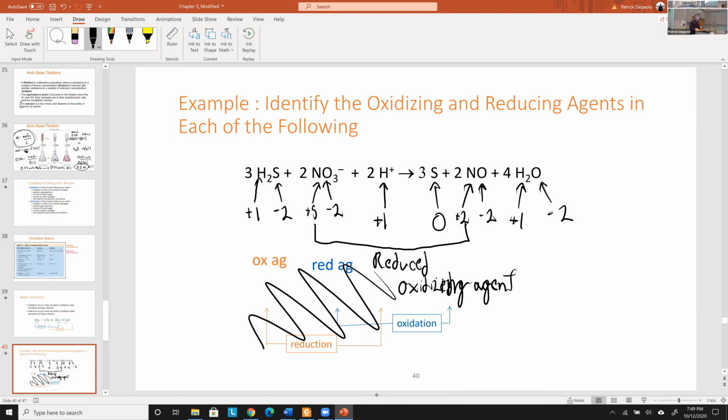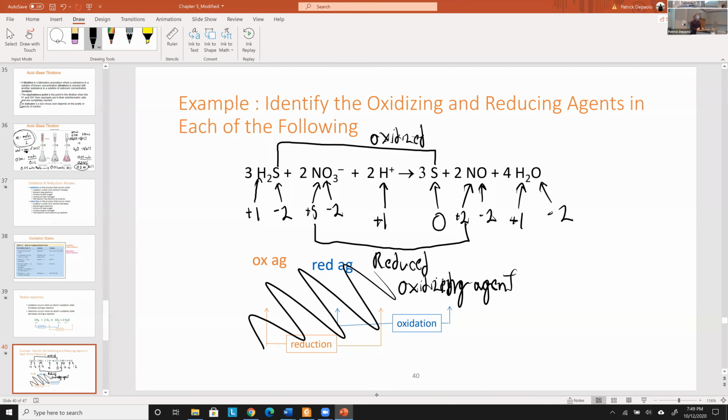And then the other element that is changed? Good, sulfur. So sulfur goes from -2 to 0. And this is being oxidized, meaning the number is going up.